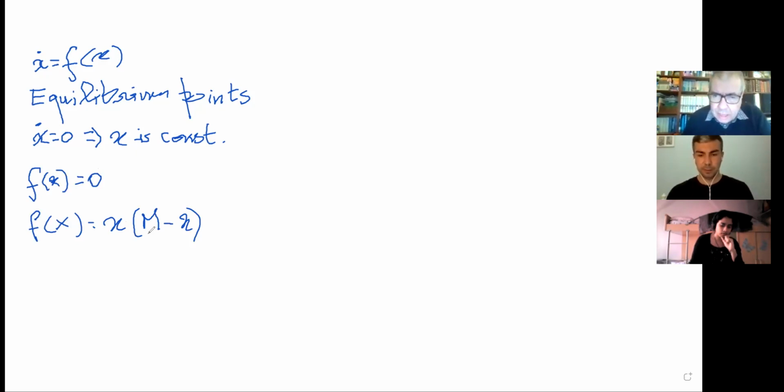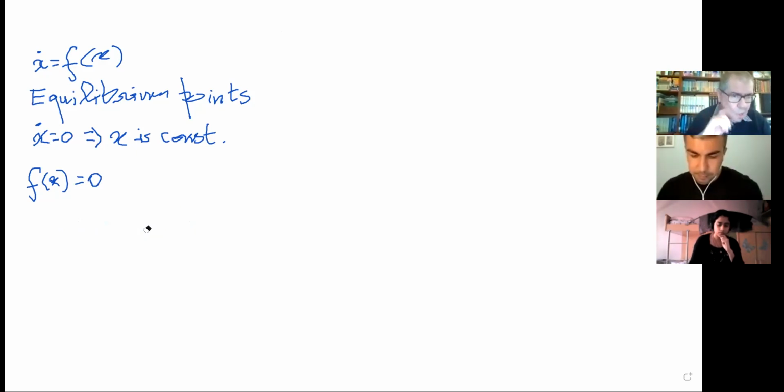We have studied this equation. It's the logistic equation. I put a bar here to say that this refers to an equilibrium state.